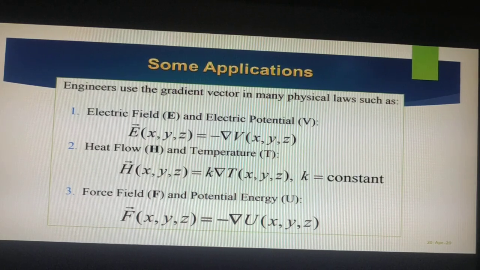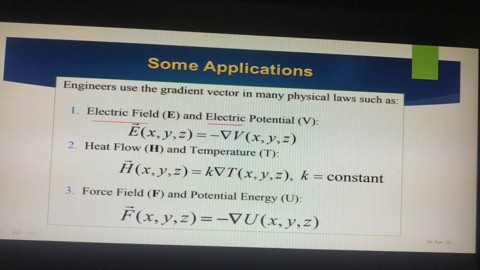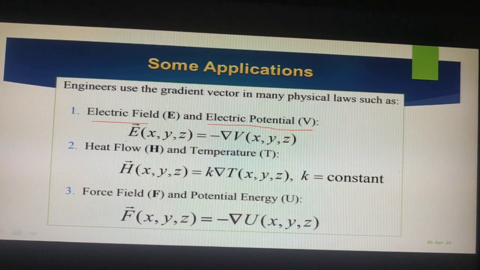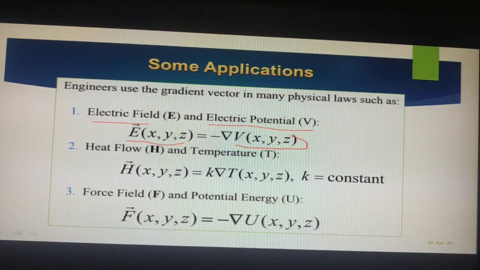There are certain applications here. Suppose I have electric field E and electric potential V. As you know, the relation is E bar, which is your vector field, equals minus del V. The electric potential V is your scalar field.